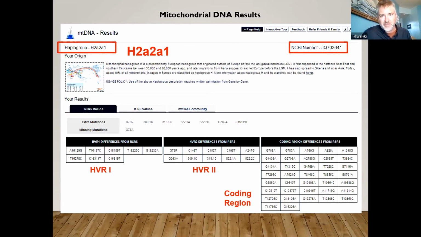And H2A2A1 happens also to be the maternal genetic group that was the first mtDNA that was sequenced back in 1981 by Anderson. There was a lady in England that donated her cheek cells to come up with the mtDNA, and they did a full sequence on that, and it happened to belong to H2A2A1.